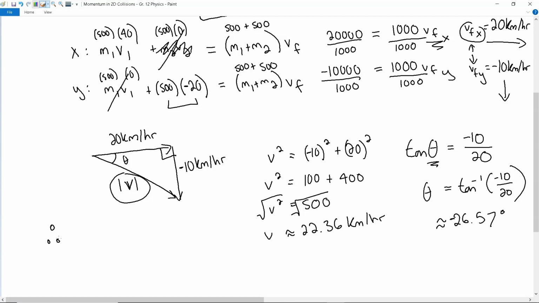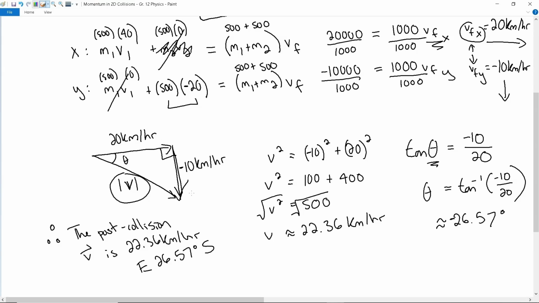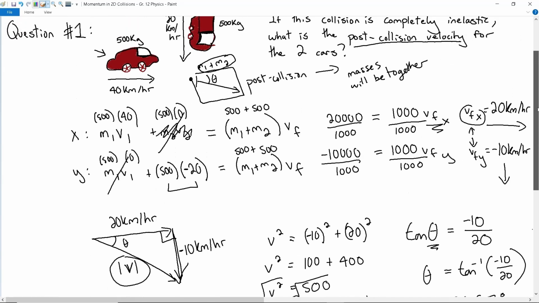So if I wanted to specify my answer, I would say the post-collision velocity is 22.36 kilometers an hour, east 26.57 degrees south. So we are going downwards on our angle. Okay, hopefully that was pretty easy to follow along with.